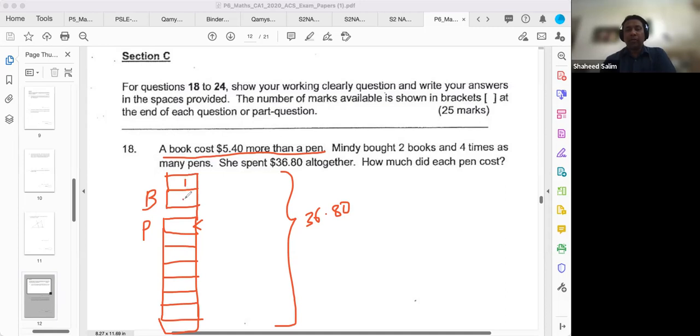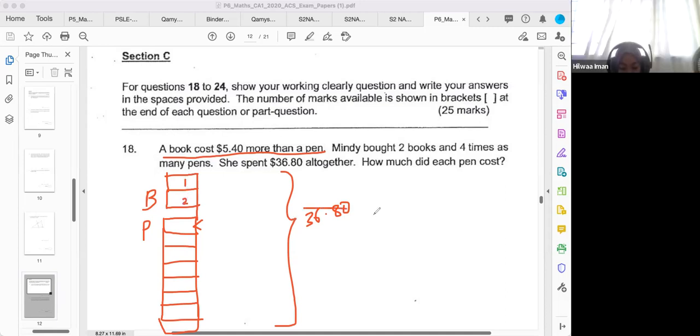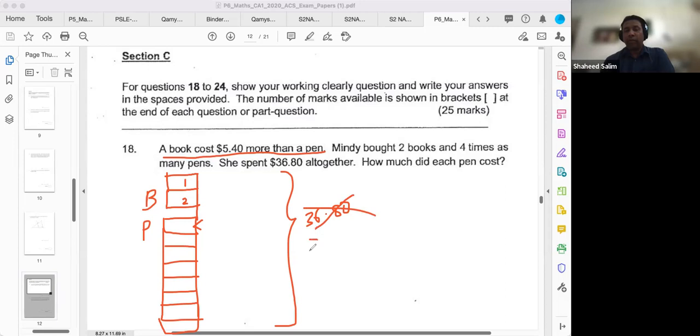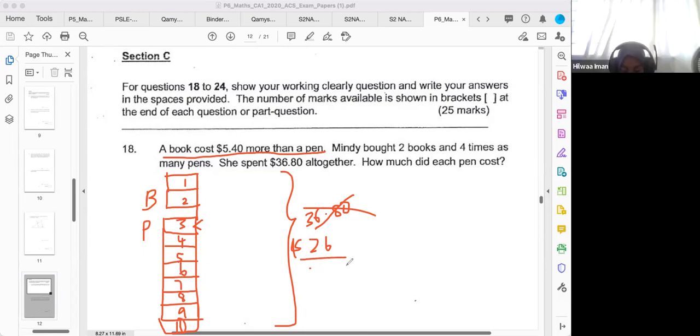We already minus the 5.40, we get $26. For how many units? 4, 5, 6, 7, 8, 9, 10. So that means 10 pens cost $26. What is one pen?